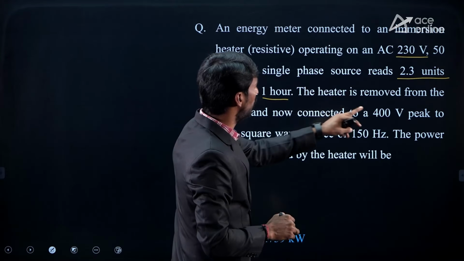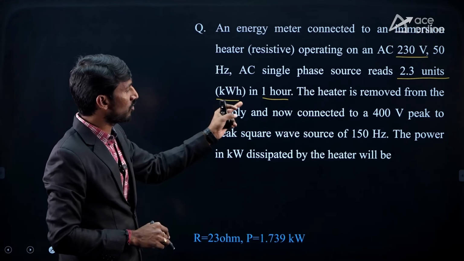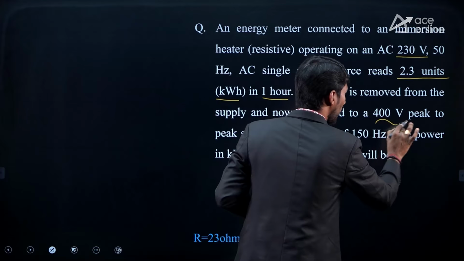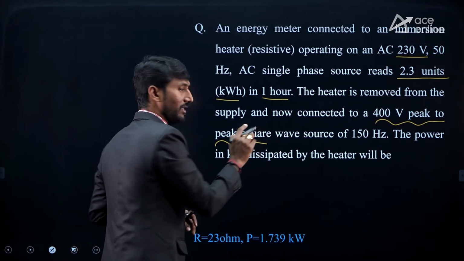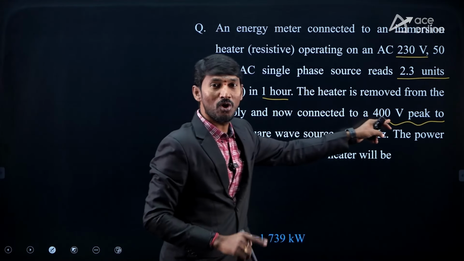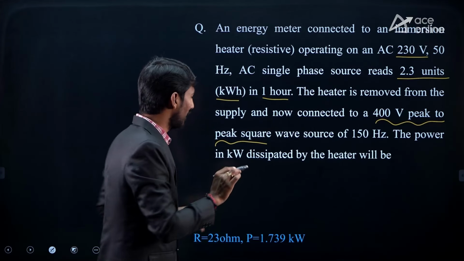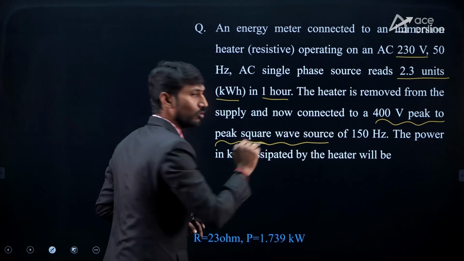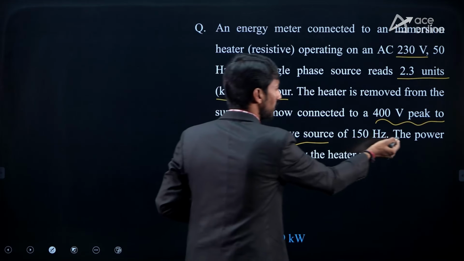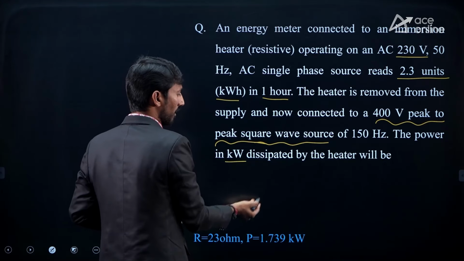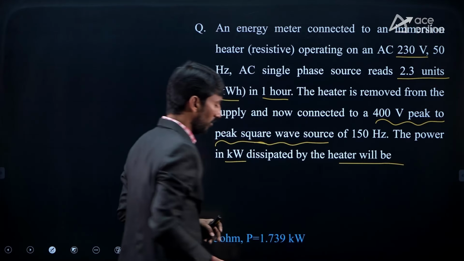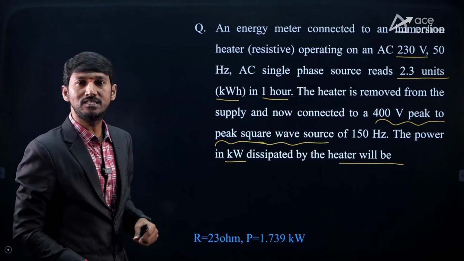The heater is removed from the supply and now connected to 400 volt peak to peak. Very, very important, it is not peak value, it is peak to peak. The two square wave source of some frequency. The power in kilowatt dissipated by the heater will be?